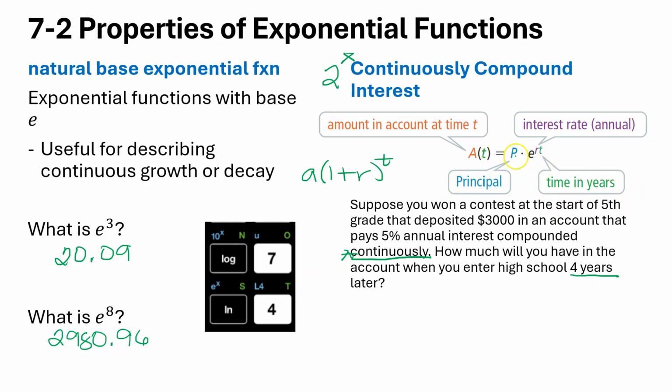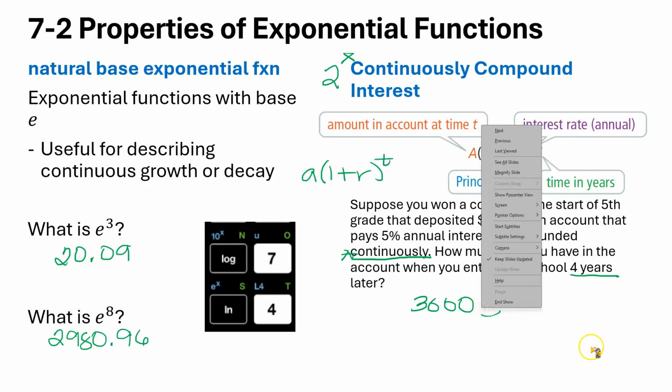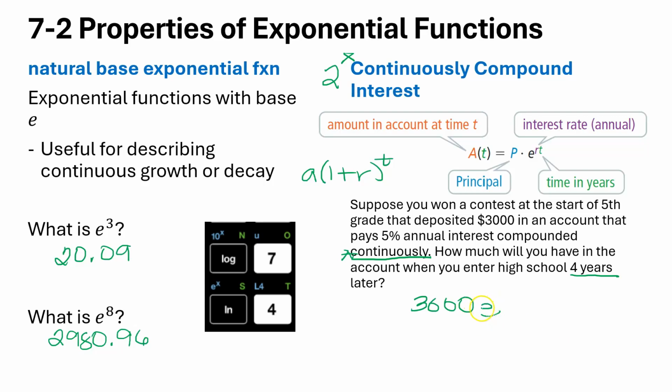So replacing our values, our initial value is 3,000. Okay. We use the e. Now our r, sorry about that, our r now is, as you can see, 5%. So the exponent here will be 0.05. And it still needs to be multiplied to the t, which is 4 years.